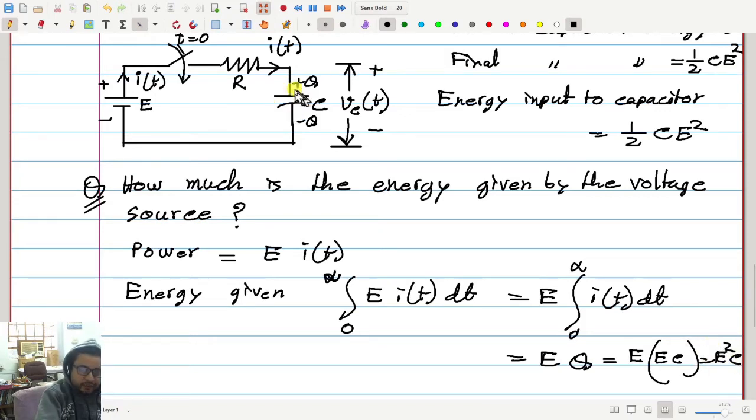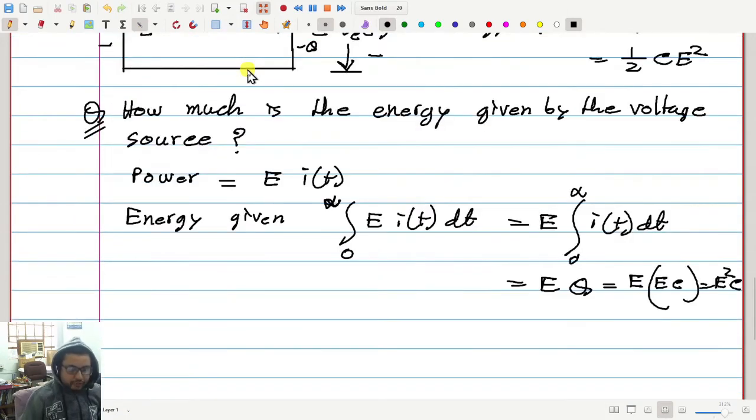However, the energy received by the capacitor is half of that, half E squared C. So what happens to the other half? It is lost as heat in this resistance. Okay, so let us verify that.